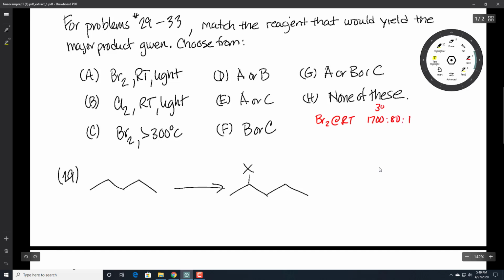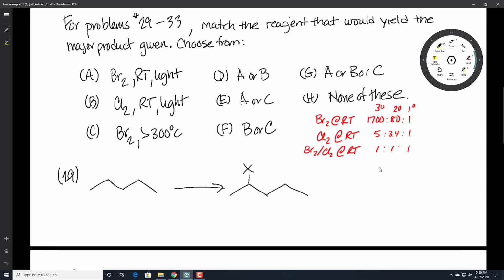That's tertiary position to secondary position to primary position. Chlorination at room temperature is going to be 5 to 3.4 to 1, and then bromination or chlorination at greater than 300 degrees Celsius is going to be 1 to 1 to 1, because it's totally based on statistics.